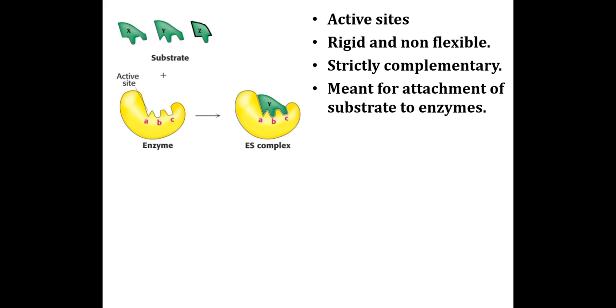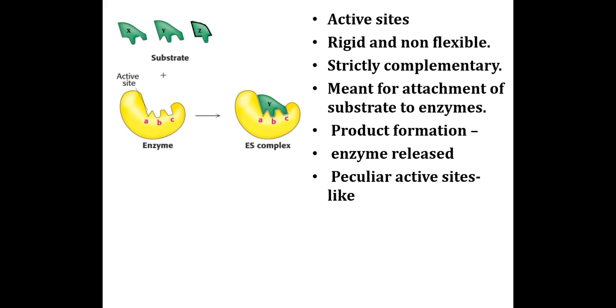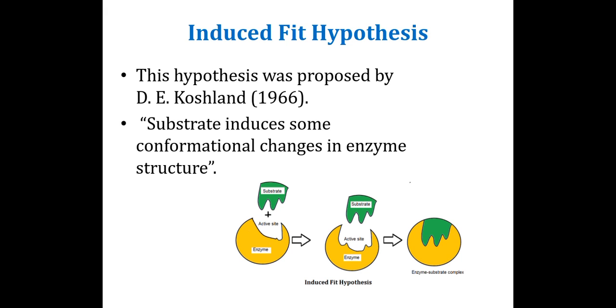They are meant for attachment of the substrate to the enzyme, and finally the product gets formed and the enzyme gets released. So the enzyme has peculiar active sites, like a lock has a specific key, and that's why it is called the lock-key hypothesis. The second hypothesis is the induced fit hypothesis.